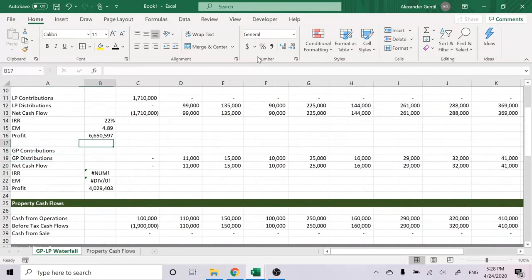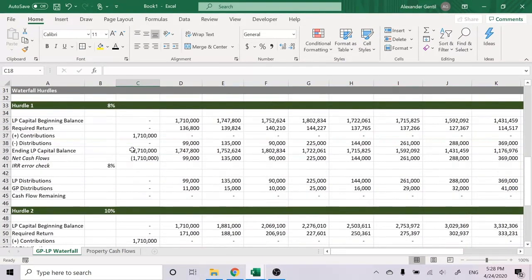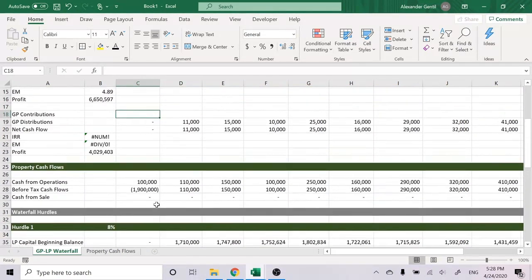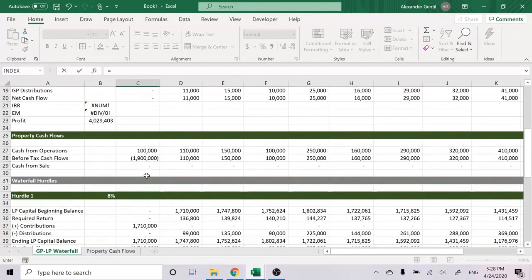So now the contributions. The contributions don't change for the general partner, but they're not listed here in each of the hurdles, so we need to figure out what that is.